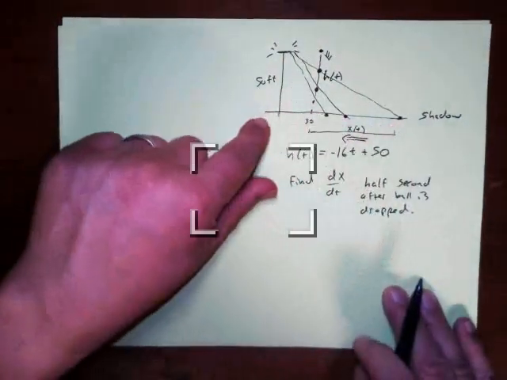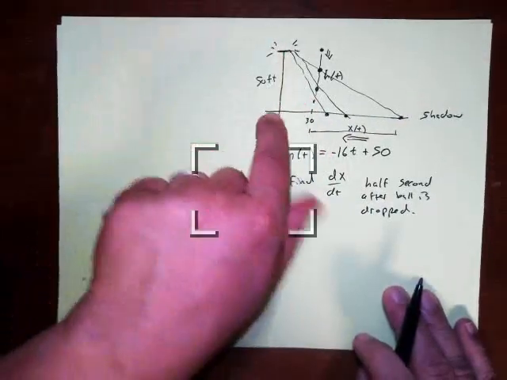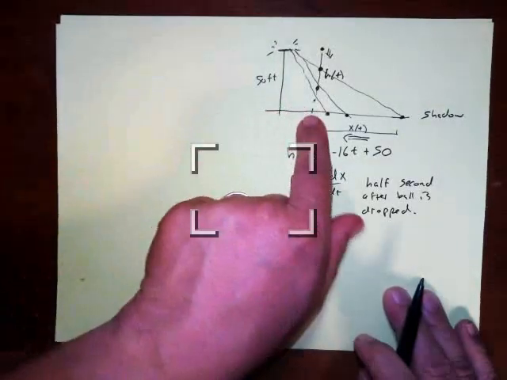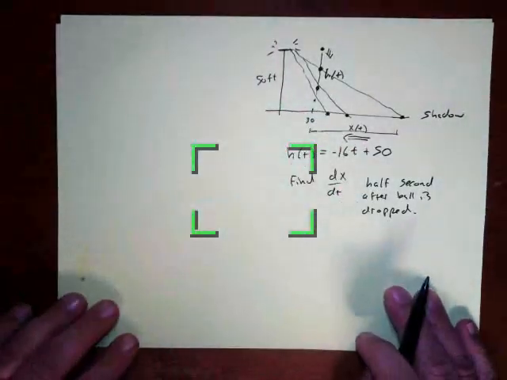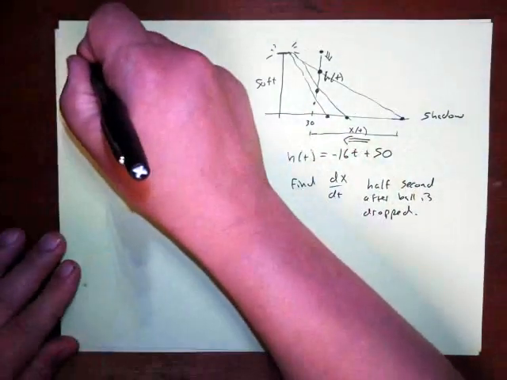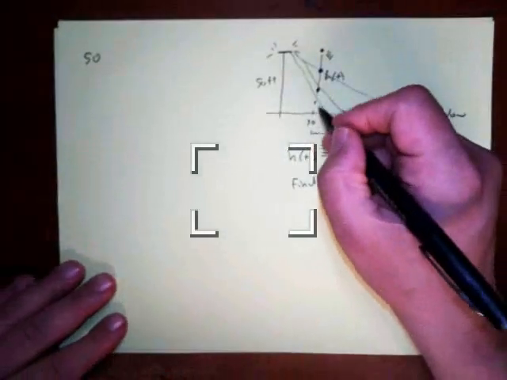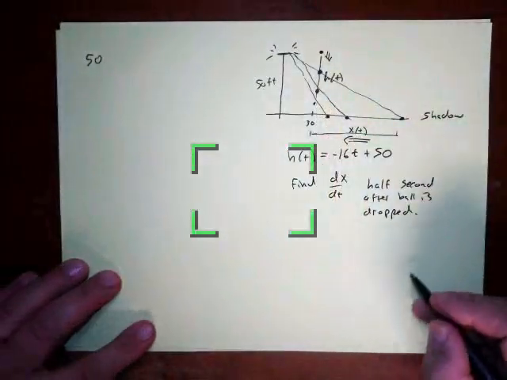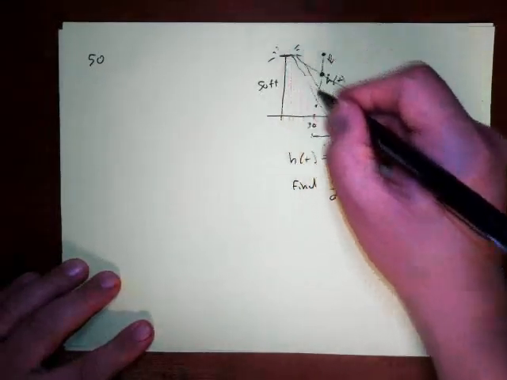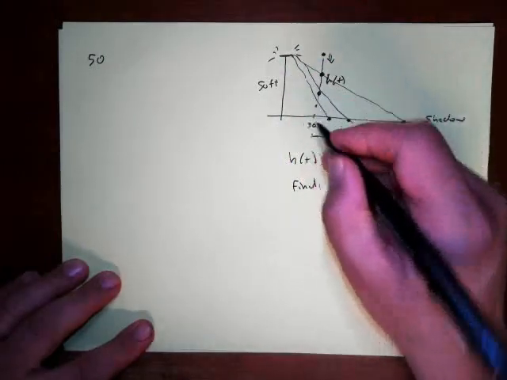And it doesn't matter where you're at. For this triangle here, you would still have 50 is to this length as the height is to the x length. That's a proportion, and it involves similar triangles. Whenever you have a triangle and a line parallel with the base, the overall triangle is proportional to the little triangle at the tip.